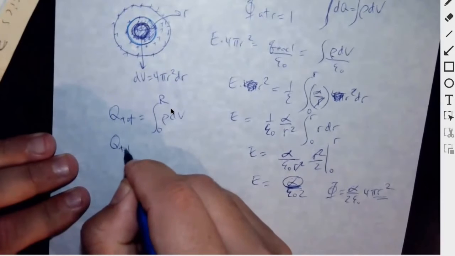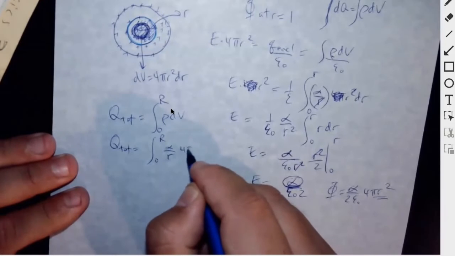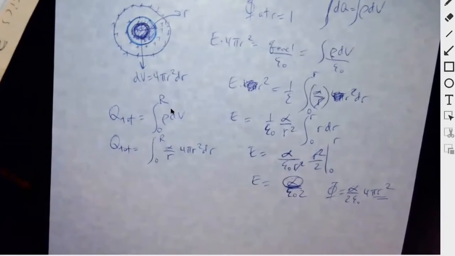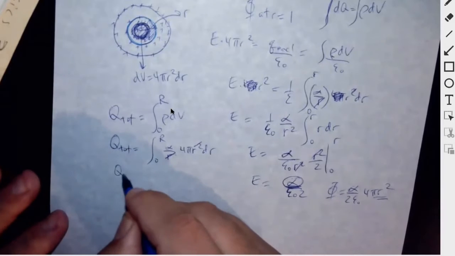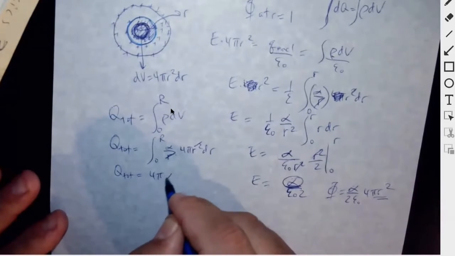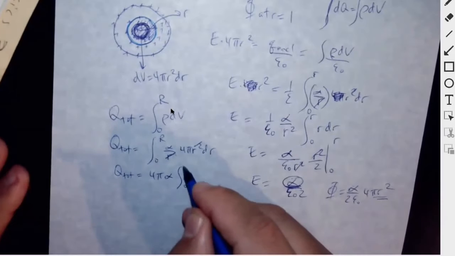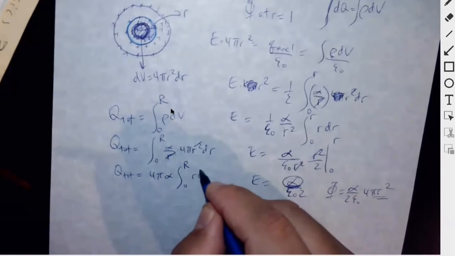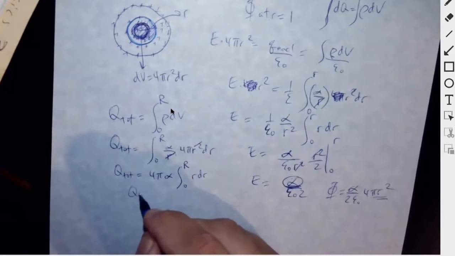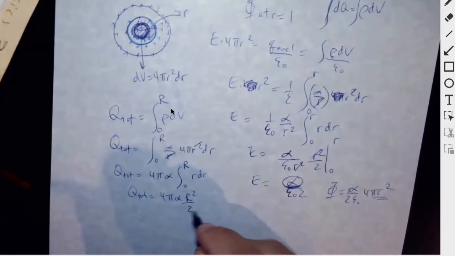So Q total, then you have 0 to R alpha over R 4 pi r squared dr. And then R cancels. Then you have here 4 pi alpha, 0 to R, and r dr. So then you get Q total is 4 pi alpha, and you have R squared over 2.